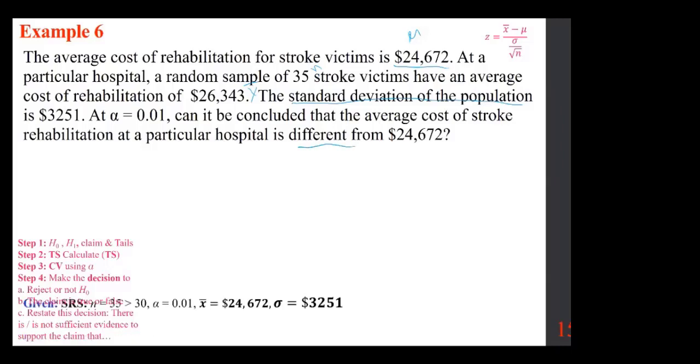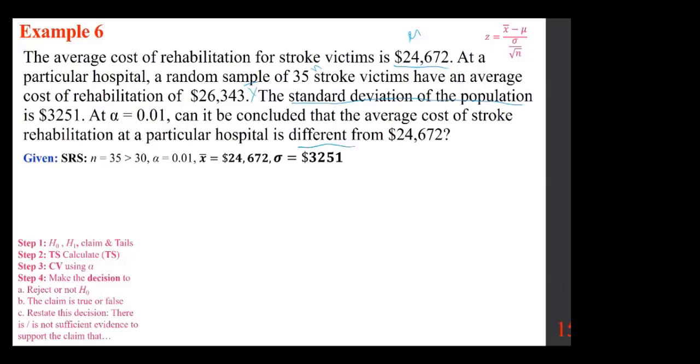First and foremost, this is what's given, and n is large, meaning larger than 30. It's a simple random sample. Even if they don't say assume normality, we can continue with that thought. Sigma is given, and so the very first step, H0: mu is $24,672, and H1 is not equal to that, and H1 is the claim. That's what we are checking.